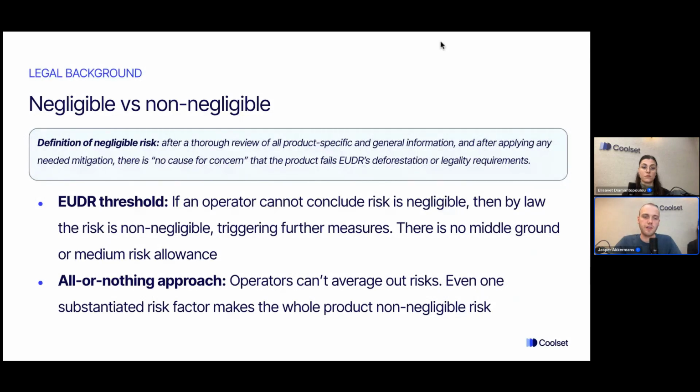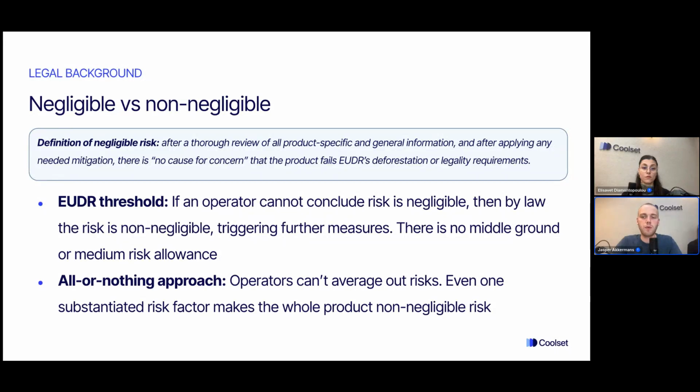Let's give a definition of a negligible risk, which states that after a thorough review of all product-specific and general information, and after applying any needed mitigation, there's no cause for concern that the product fails EUDR's deforestation or legality requirements. Here, the no cause for concern is really important, because it means you have to be really sure about every step that you've taken, and there's no area for interpretation or uncertainty.